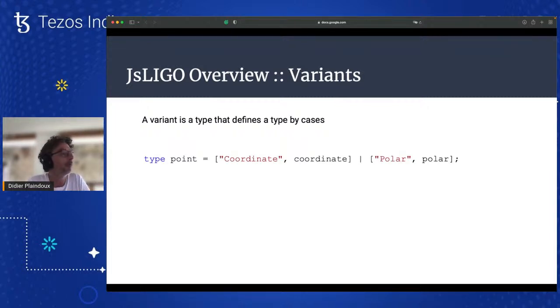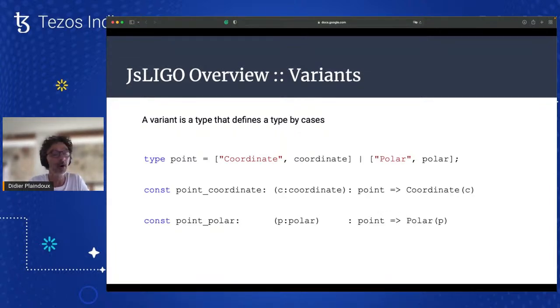But before, let me show you how to create a point, which could be, for example, a coordinate or polar. So once again, we can create two smart constructors. The first one, which is the point coordinate, which is waiting for C, which is a coordinate, the record, which is previously defined.